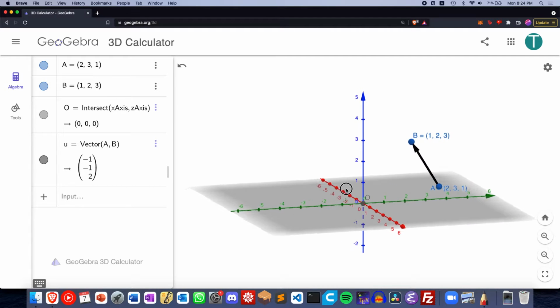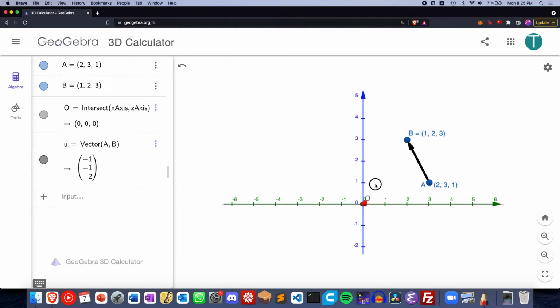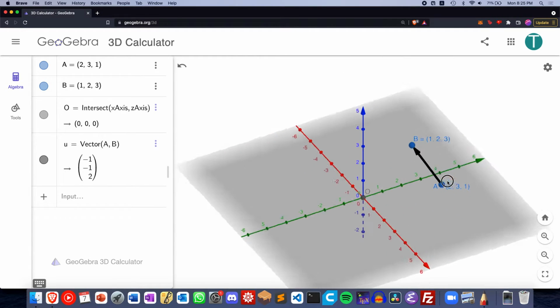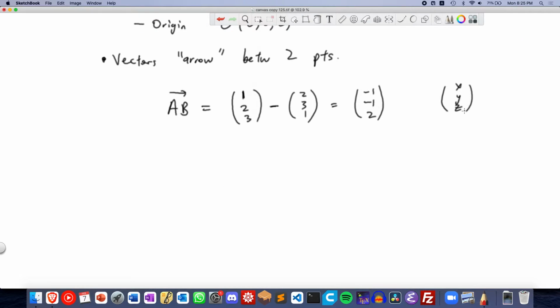And similarly, if we look at the z direction, it points from z equals 1 to z equals 3. So it points 2 units in the z direction. So that's how you describe an arrow, a vector, in 3D space by the x, y, and z as well. And it corresponds to the 2 points, the x, y, z coordinates subtracted from each other. So that's a vector.